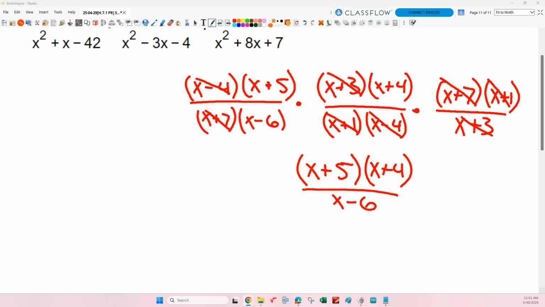And then we had that list that it cannot be. And we wouldn't need to FOIL it all out. We can stop here. Feeling solid? It looks bad, but it simplifies down pretty nice, doesn't it?